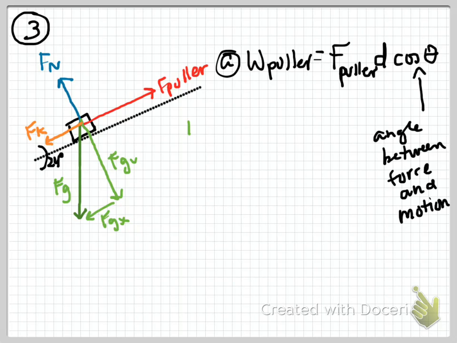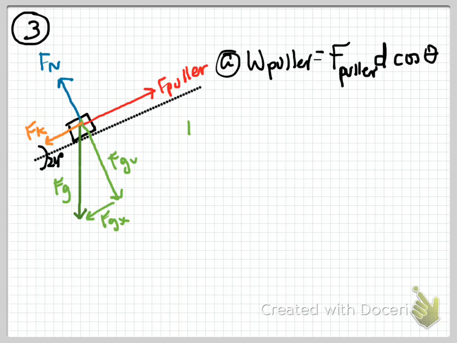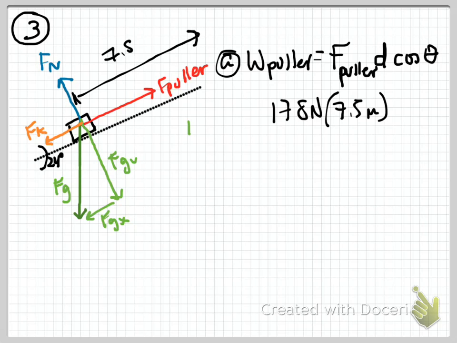And then what that gets you is 178 newtons times, we're told 7.5 meters, which I guess I should have labeled here as a displacement, and times cosine of 0, which is of course 1.